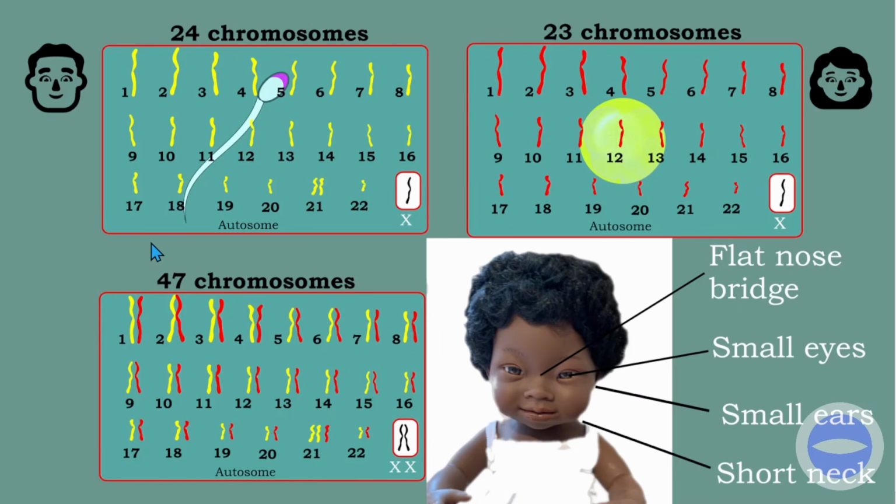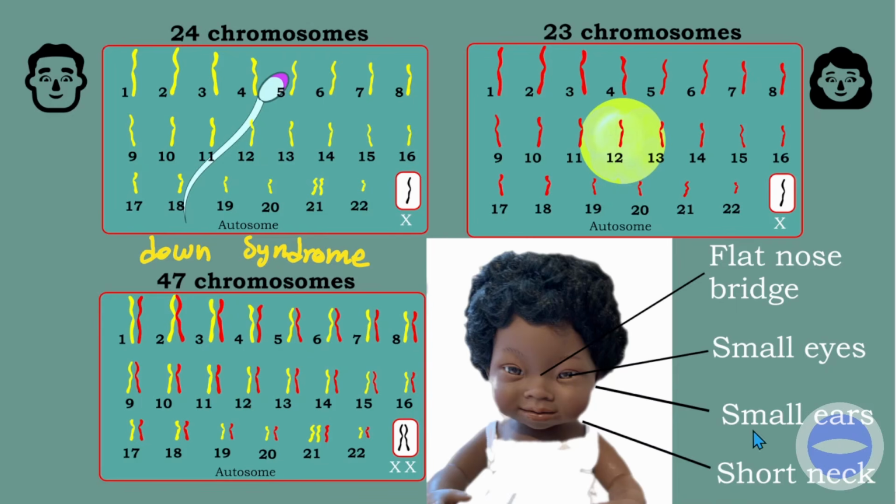Down syndrome is a condition that we see on the face. A person with Down syndrome has a flat nose bridge, small eyes, small ears, and a short neck.